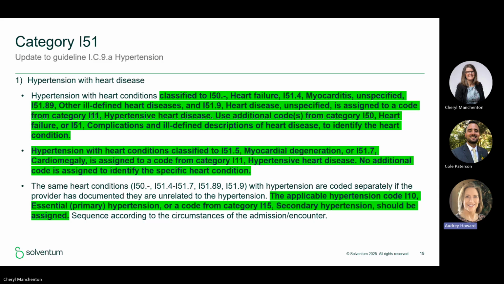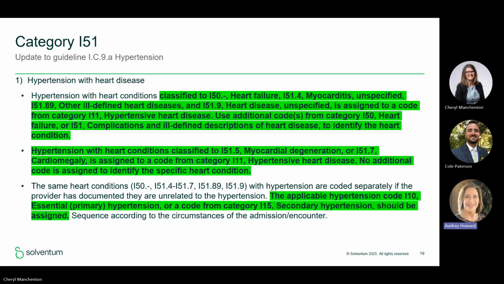Under the guideline for hypertension with heart disease, which is category I-11, the first paragraph is providing guidance on how to code hypertension with heart conditions classified to category I-50, heart failure, code I-51.4, myocarditis, and codes I-51.89 and I-51.9. The guideline states to assign a code from category I-11 along with the additional code for the heart condition.